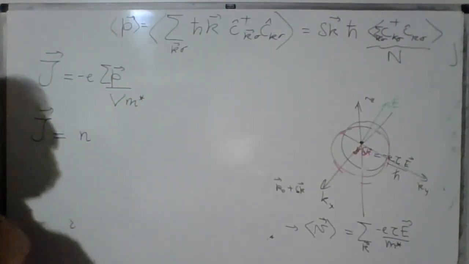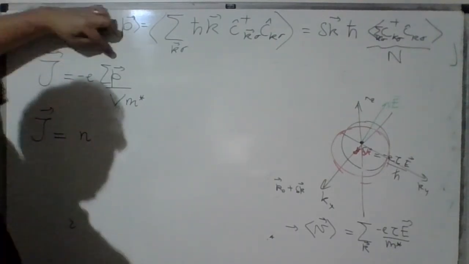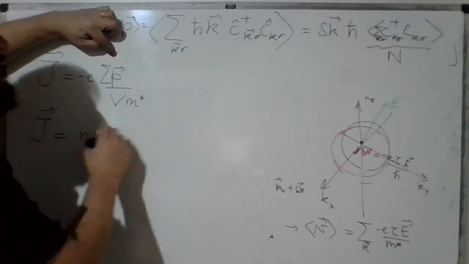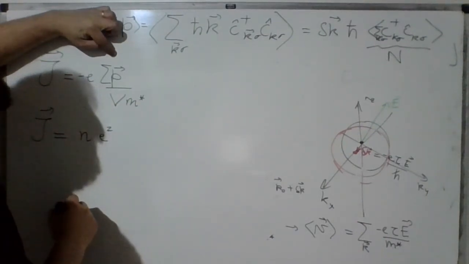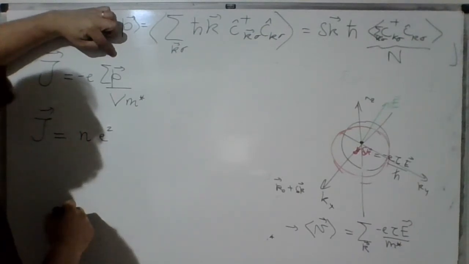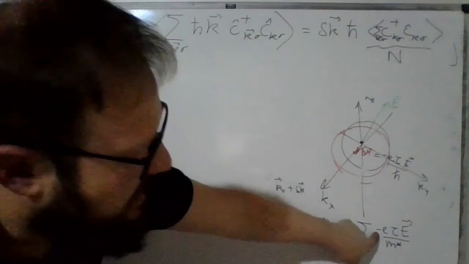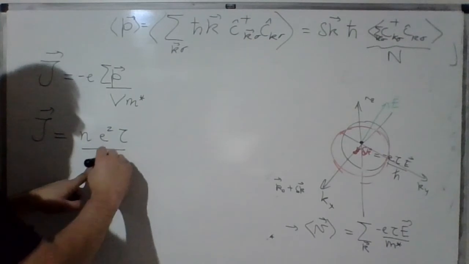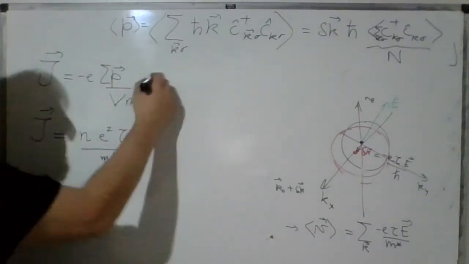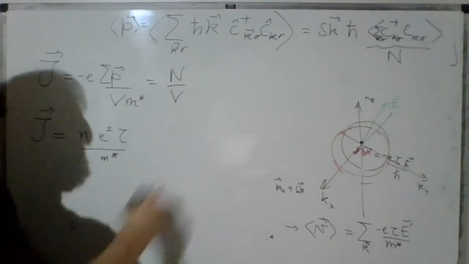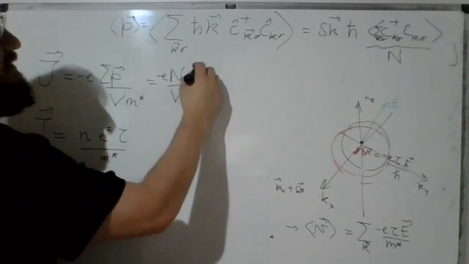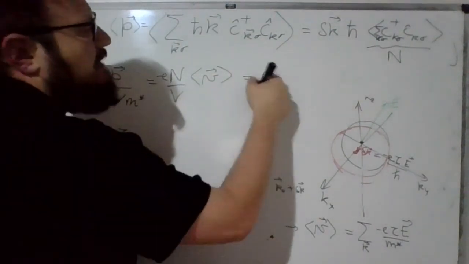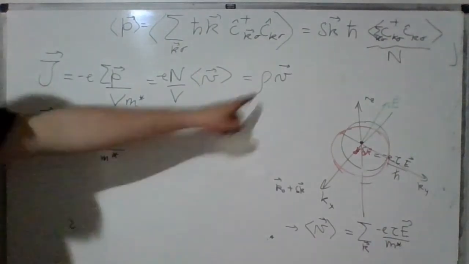It is just the density of particles. You need to replace here by some delta k, which corresponds to e squared, because you have minus e coming from here and minus e coming from here, e squared tau divided by the effective mass, so it's the velocity. This is just the total number divided by the volume, the charge minus e times the average velocity. This is current density, charge density times velocity in classical terms.